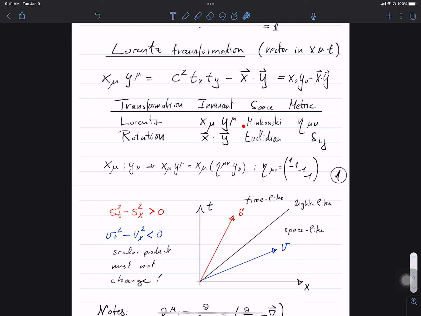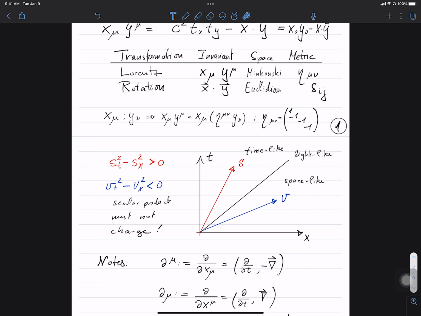The spaces are called Minkowski space or Euclidean space, going back to the mathematician Euclid. And also the metric that acts on those spaces is the Minkowski metric, or just the Kronecker delta, or the Euclidean metric, where this is just a simple diagonal matrix with the 3 ones on the diagonal.